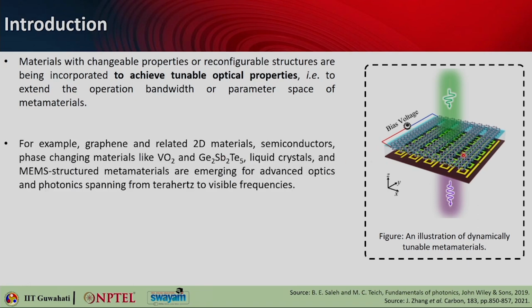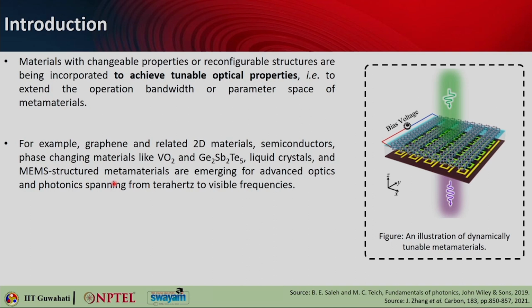As I mentioned, one way is to use graphene or other 2D materials. Then you can use semiconductors, and phase changing materials like vanadium dioxide or GST, germanium antimony tellurium. You can use liquid crystals, and different kinds of MEMS structured metamaterials.